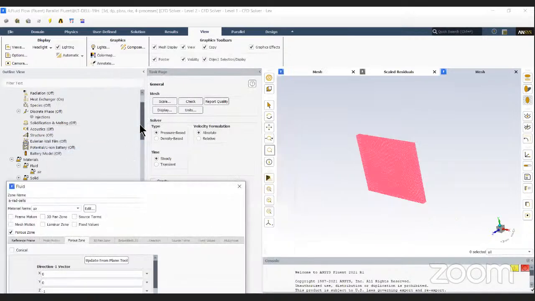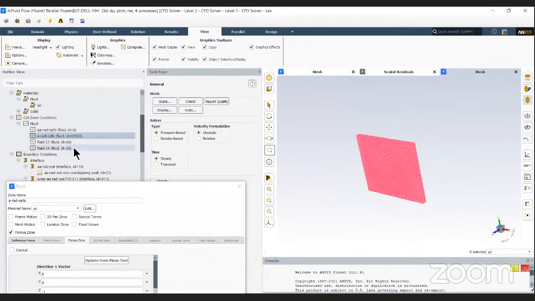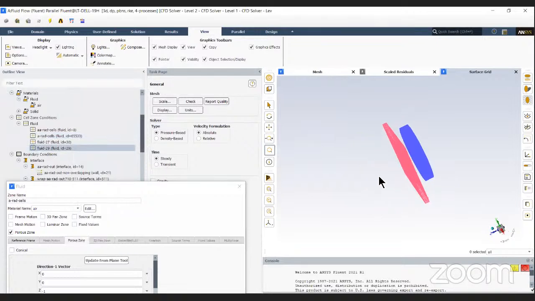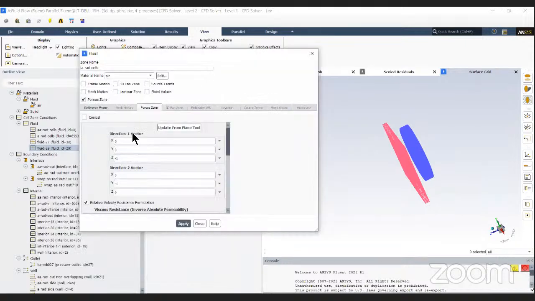So if I were to turn on the fan, you can see that my flow is moving in this direction, which is in the opposite direction of positive Z. So when I specify this porous zone, the direction 1 vector is the primary direction of flow. So this part is important. So I'll specify -1, and then it automatically calculates the direction 2 vector, which is going to be perpendicular to direction 1.